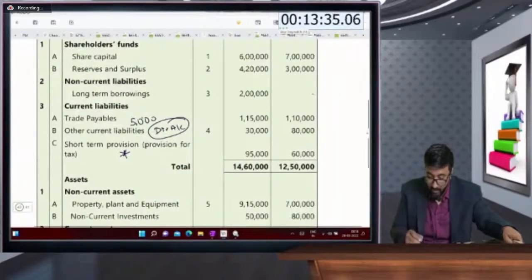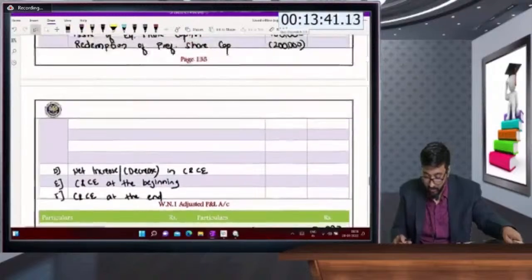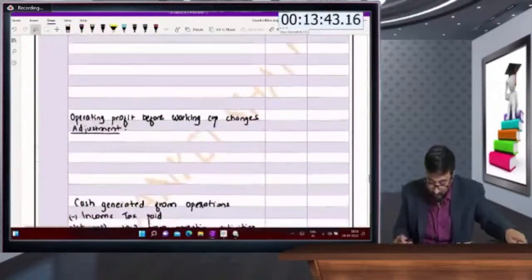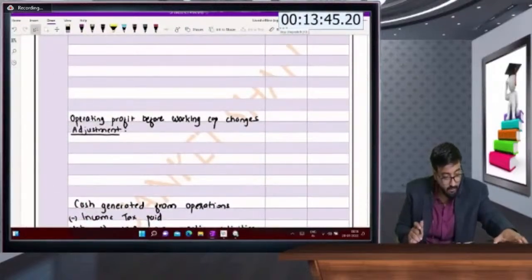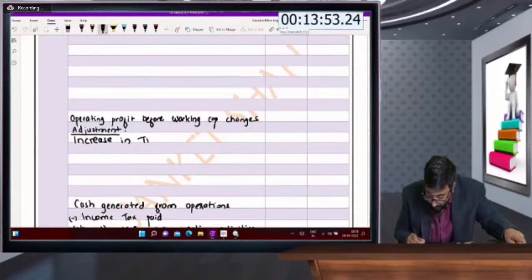Trade payable increased by 5,000. So trade payable in adjustments we will write increase in trade payable below operating profit before working capital changes, 5,000.